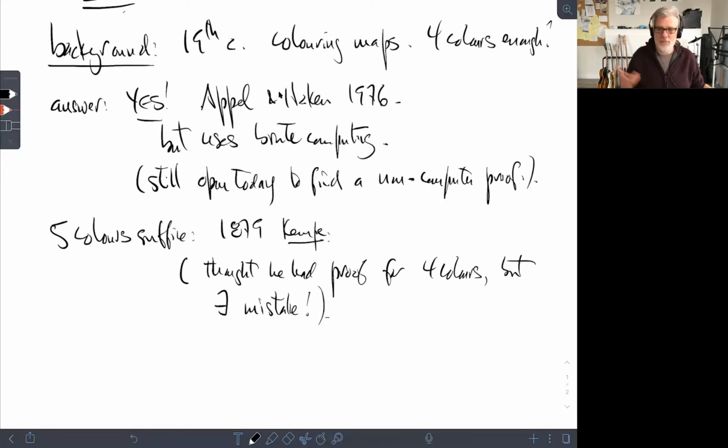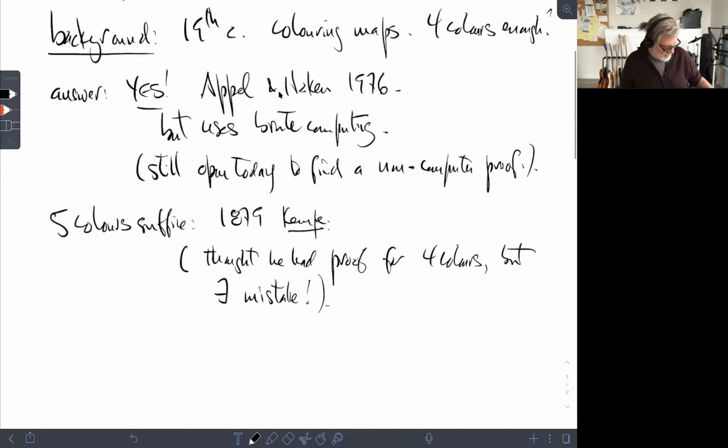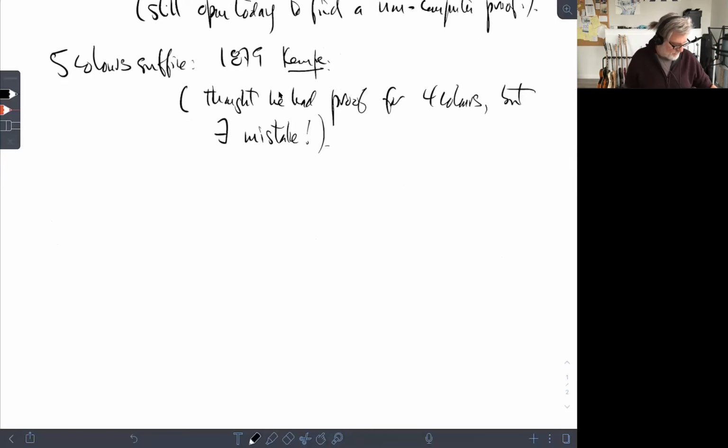So okay, I'm going to show you Kempe's argument, but let's set up this whole thing. So what's the connection? What are these maps? What's the coloring? So let's set it up. So the first observation, and I'm not going to do this very formally, but at least you'll see the connection. So let's say we have a map of countries, right?